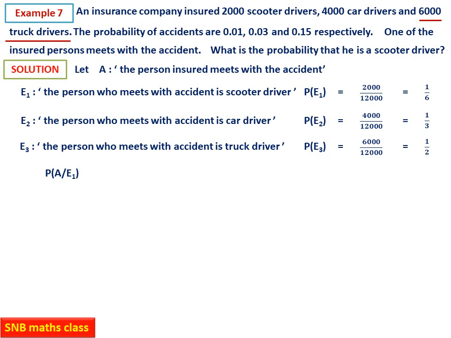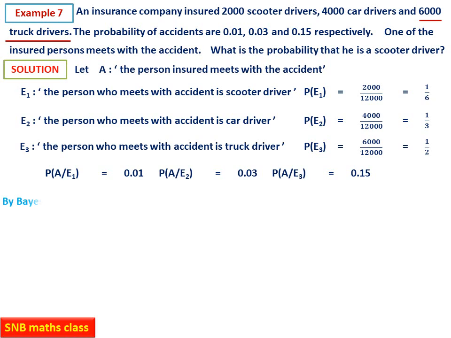So these are the pieces of information given. Now probability A given E1, that is also given. You can see here 0.01, and probability A given E2, that is also given. It is 0.03. Then probability A given E3, that is also given. It is 0.15.